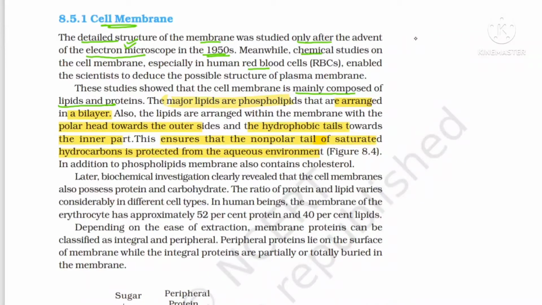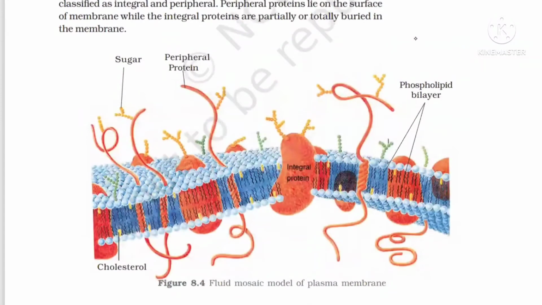Another type of lipid is there: they contain cholesterol. In addition to phospholipid, they also contain cholesterol. Now see in the diagram, you can see this yellow dot as cholesterol. Cholesterol works as a buffer. If the temperature increases, membrane fluidity will increase, and then it will be very difficult to control what can enter and what cannot.